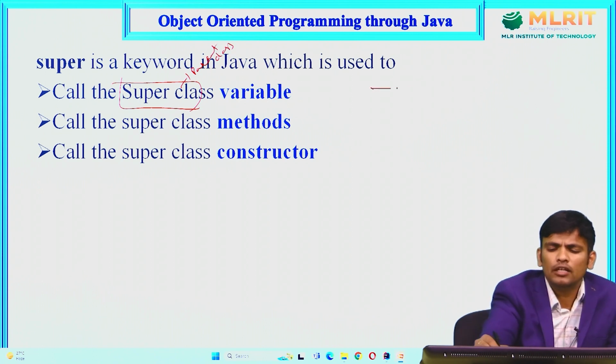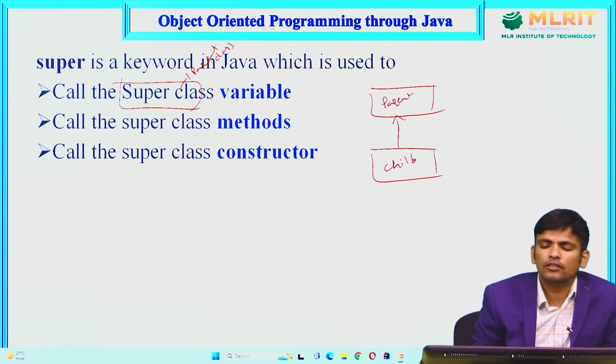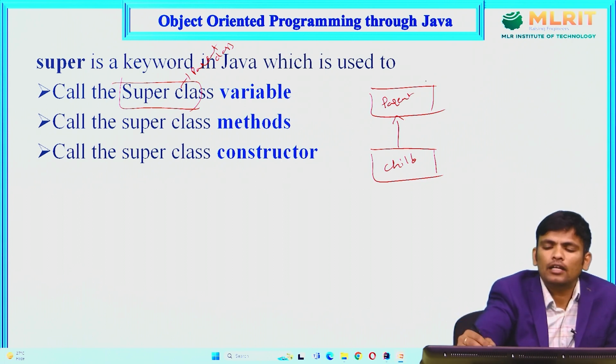As we know, if two classes are in a parent and child relation, one is the parent and the other is the child. The child will get the properties from the parent. So the parent class is also called the superclass.